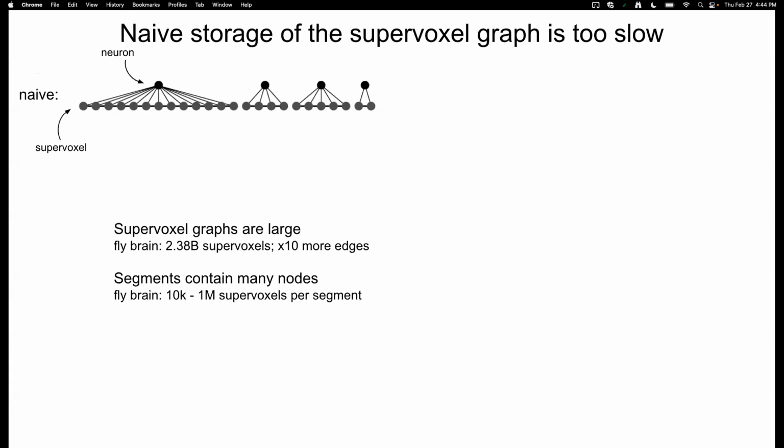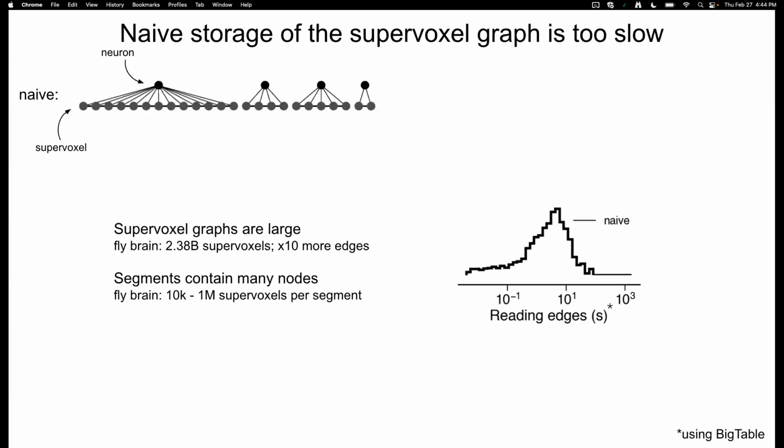So if we have to recompute connected components all the time, that will take way too much time if somebody wants to interactively go through and correct errors. And just to highlight this, even just reading the edges from a big table, which is a very fast data structure, takes 10 seconds just for one neuron, even without computing the connected components. So this approach does not scale.